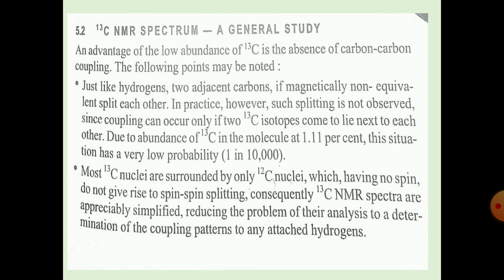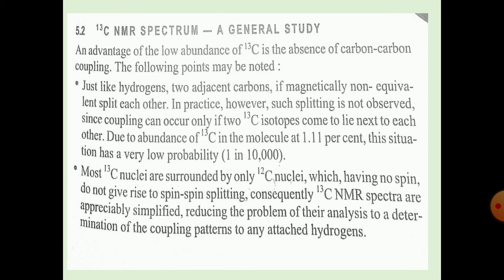The next point is the C13 spectrum and general study. Regarding the advantages of the low abundance of C13 and the absence of carbon-carbon coupling, some points are noted. Firstly, just like hydrogen, for two adjacent magnetically non-equivalent carbons, coupling can occur only if the two C13 isotopes lie next to each other, and given the abundance of C13 in the molecule at 1.11%, this situation has a very low probability.